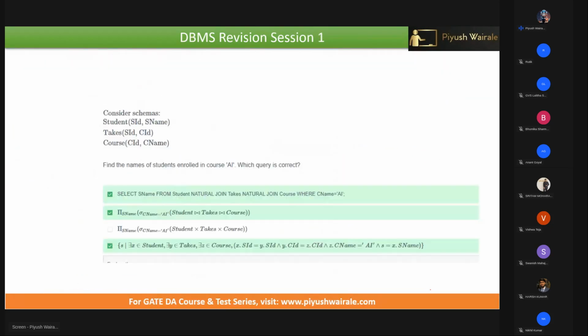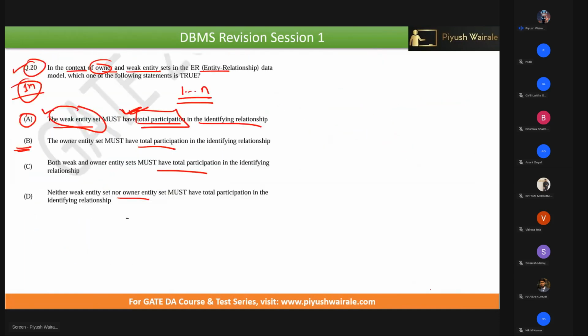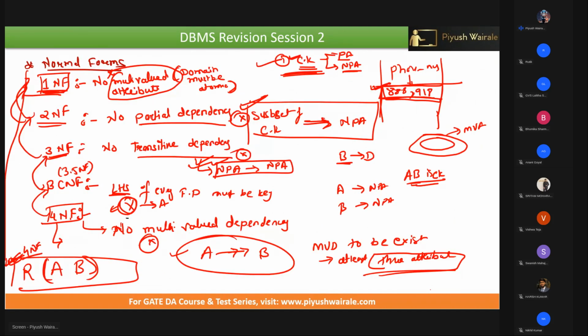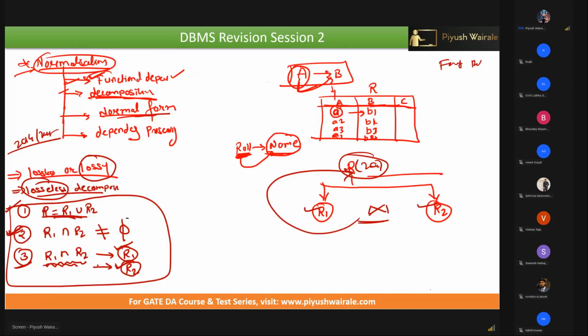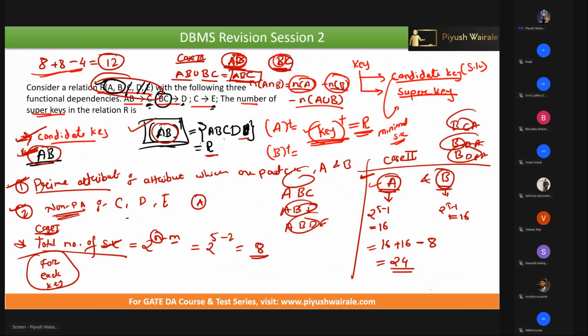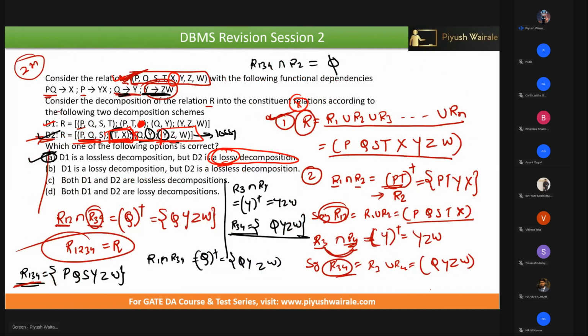Okay, great. So we have discussed the normal forms. Just remember this particular slide, with all the conditions, and then what dependency preserving is. Let me quickly discuss that. Let's take this example.